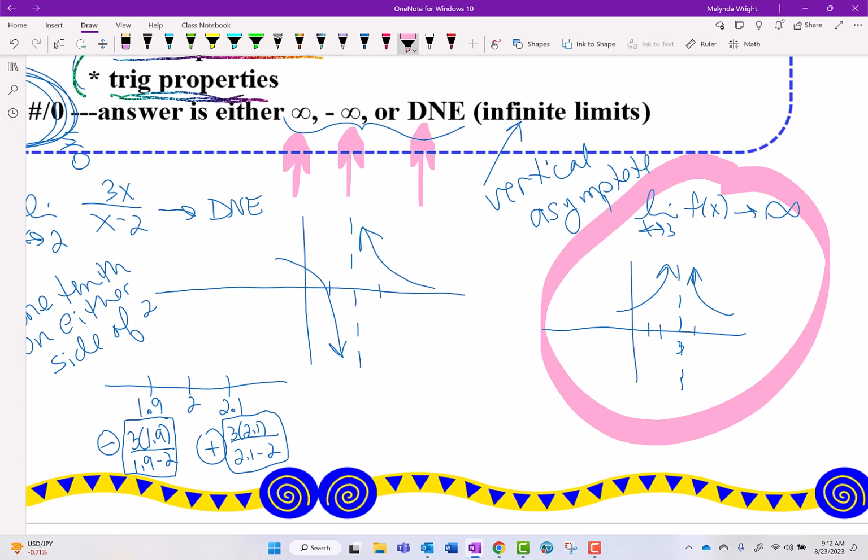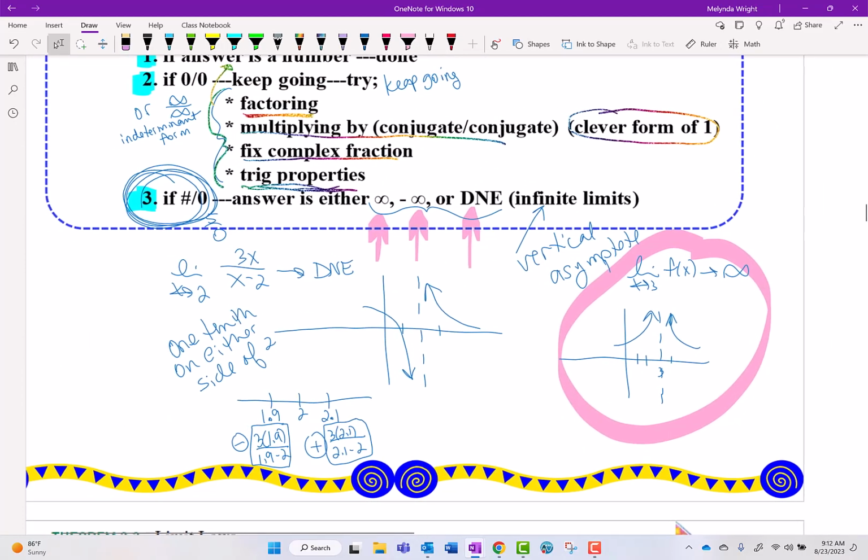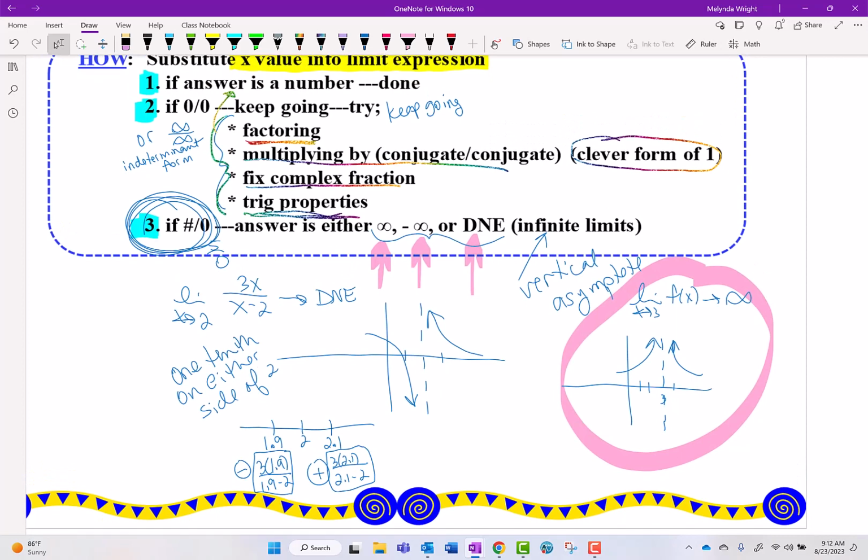I'm just checking it out. I just know that if I get a number over 0, there's a vertical asymptote, and I need to figure out which way it's going. Does that make sense? Like I said, that's the hardest kind, and we'll work through any of those that we get.